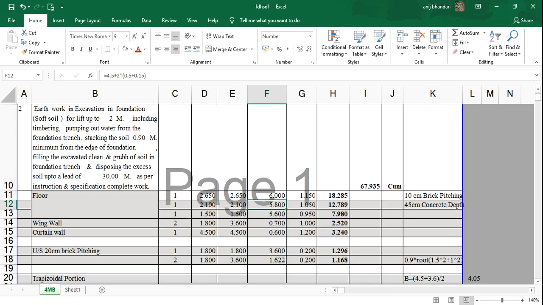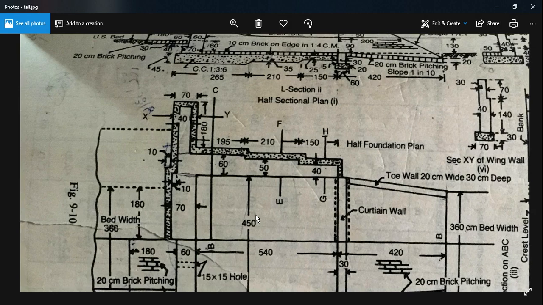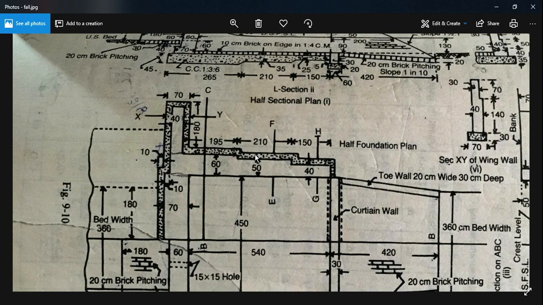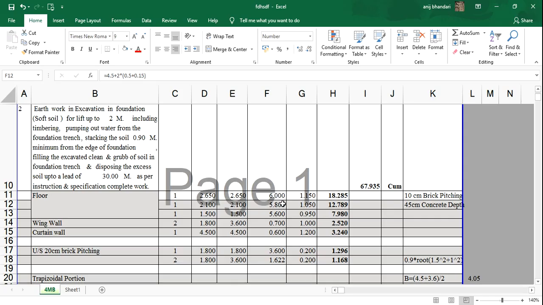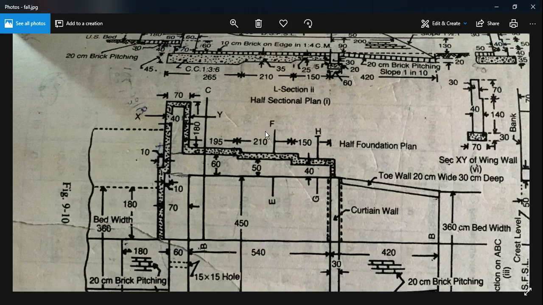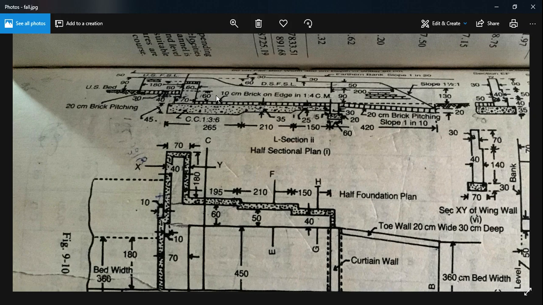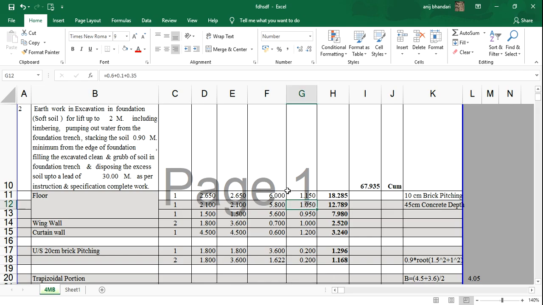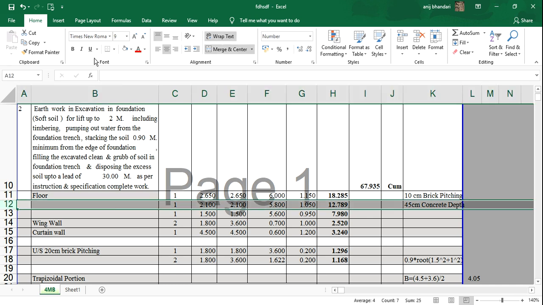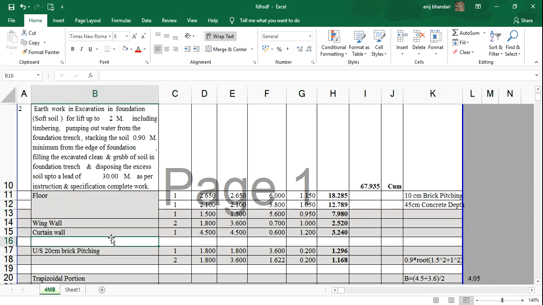That is 4.5 plus twice 0.5 plus twice 0.15. Then comes the depth. The depth for 2.10 would be 60 plus 10 plus 35. So this one's clear also.